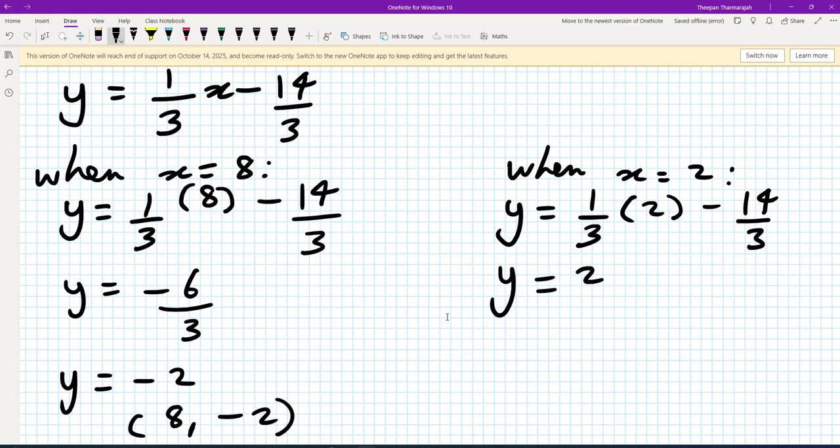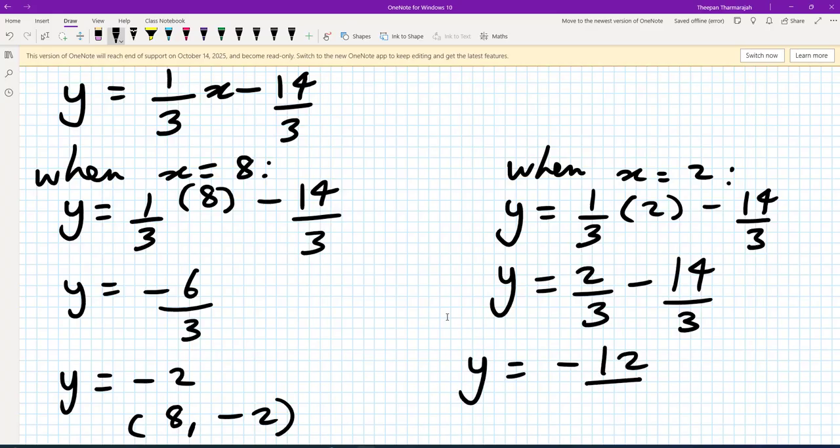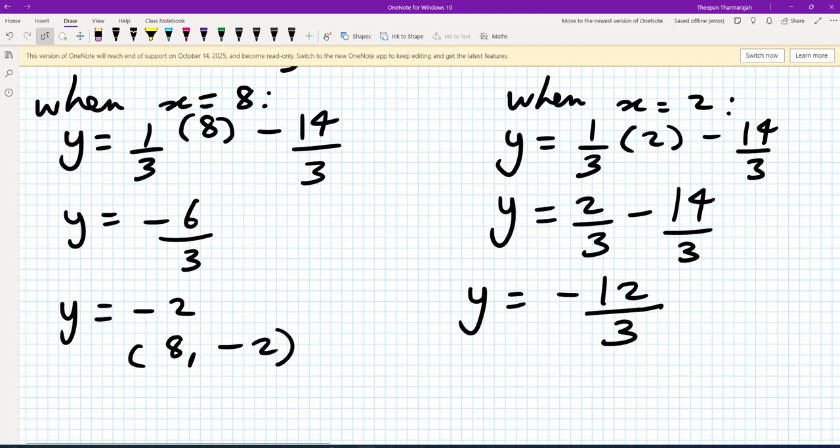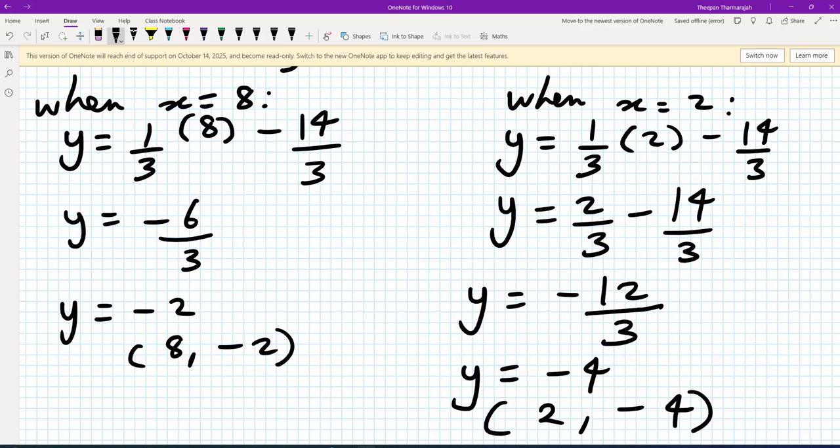So we get 2/3 minus 14 over 3, which is y equals minus 12 over 3. That's going to be y equals minus 4. Hence, we're going to get 2 and minus 4 for our second coordinates of intersection.